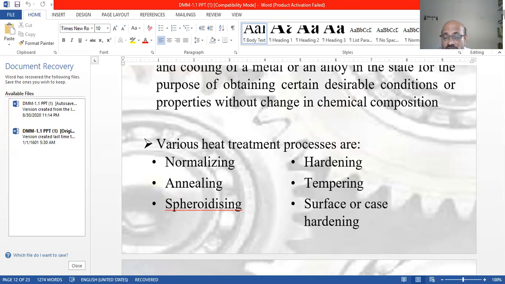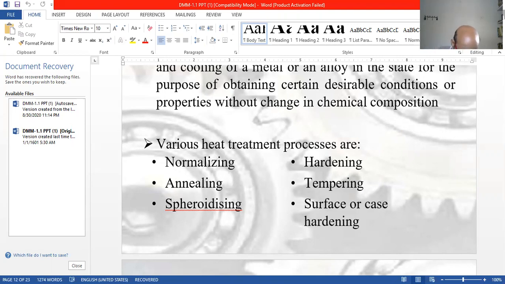In this annealing process, cementite in the steel is produced in granular form. So we can say this is another form of annealing.